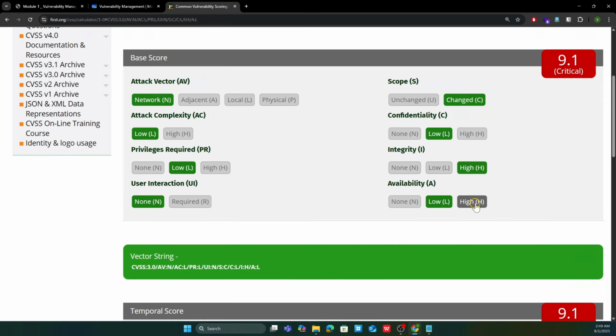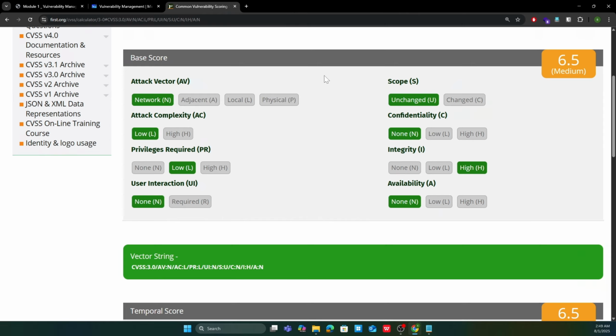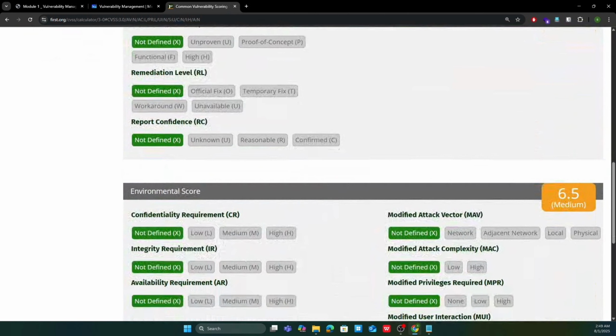Now, if you change something here, the score changes. If you make it none, it becomes high instead of critical. If it is unchanged, it becomes medium. So from these, we consider what our scoring should be. There are different types of scoring in 3.0: base score, temporal score, and environmental score.